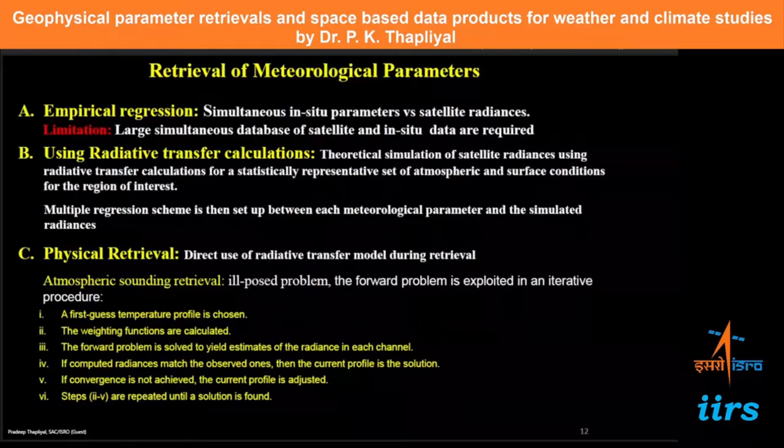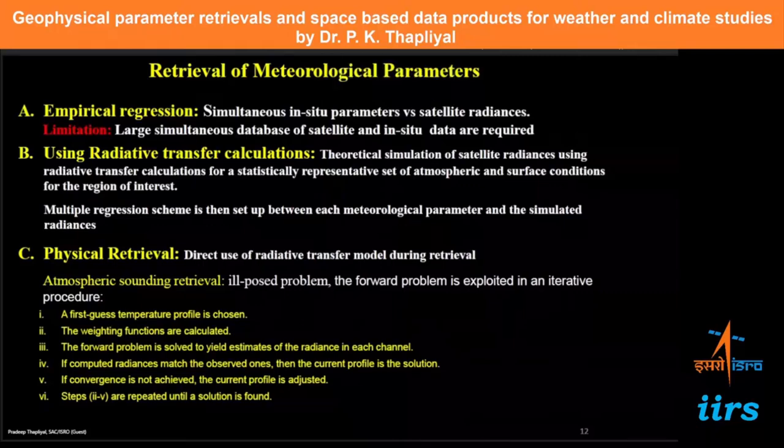In the second iteration, after adjustment, you again compute the radiance or brightness temperature, and then again compare with your satellite measurement. If at the second iteration you see that now it is matching, then you will stop at that point and say that the adjusted first guess is your final solution or final atmospheric state.